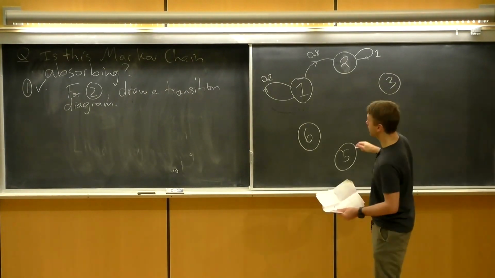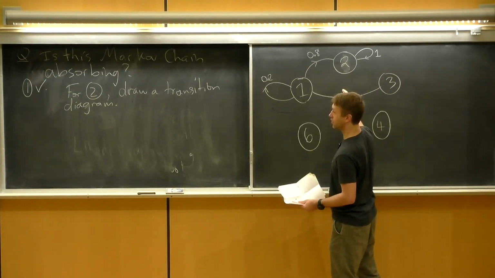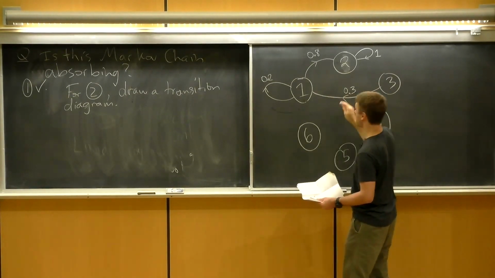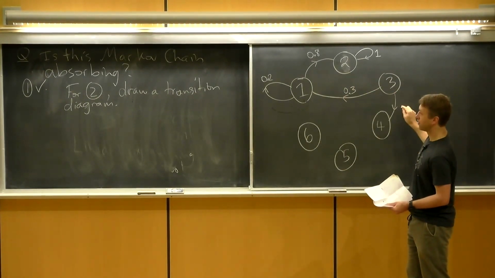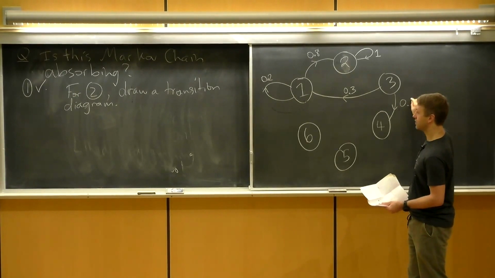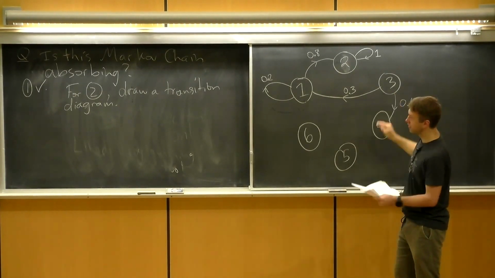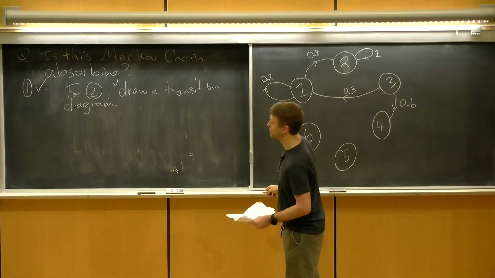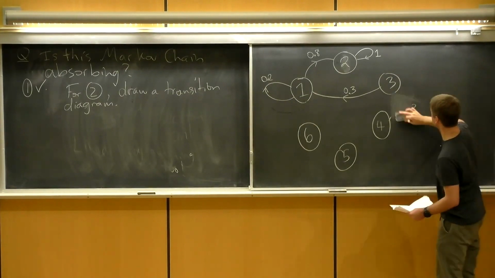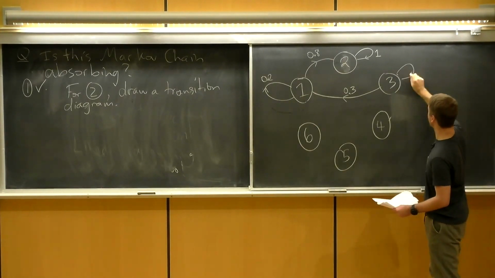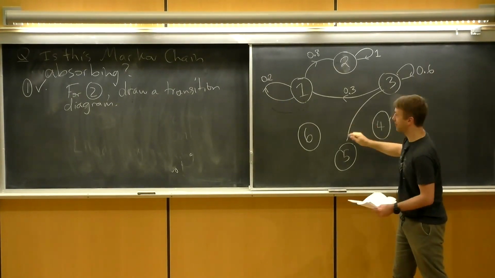Okay, state 3, I could go over to state 1 with probability 0.3. I can go to state 4 with probability 0.6. Sorry, that was state 3 with probability 0.6. It's hard to count all the way up to 6 with all these different states.